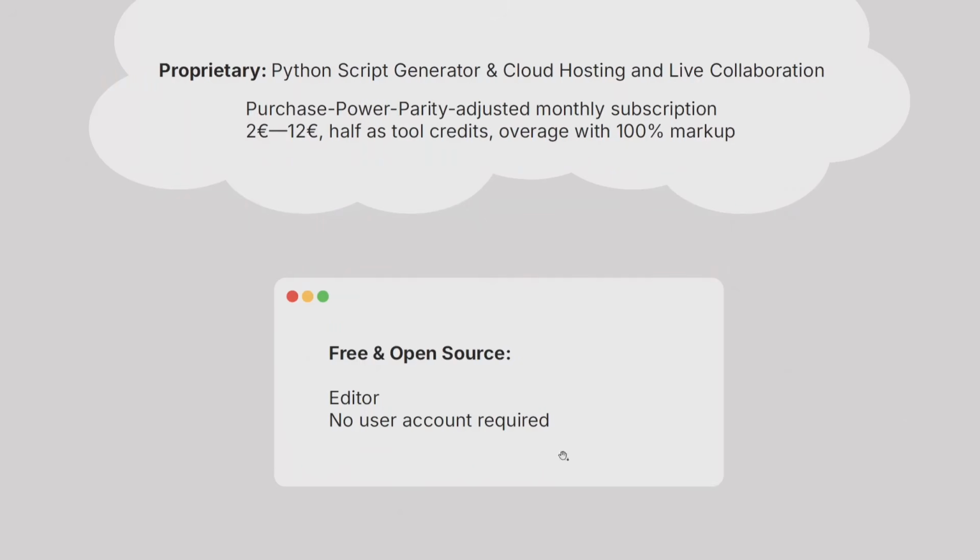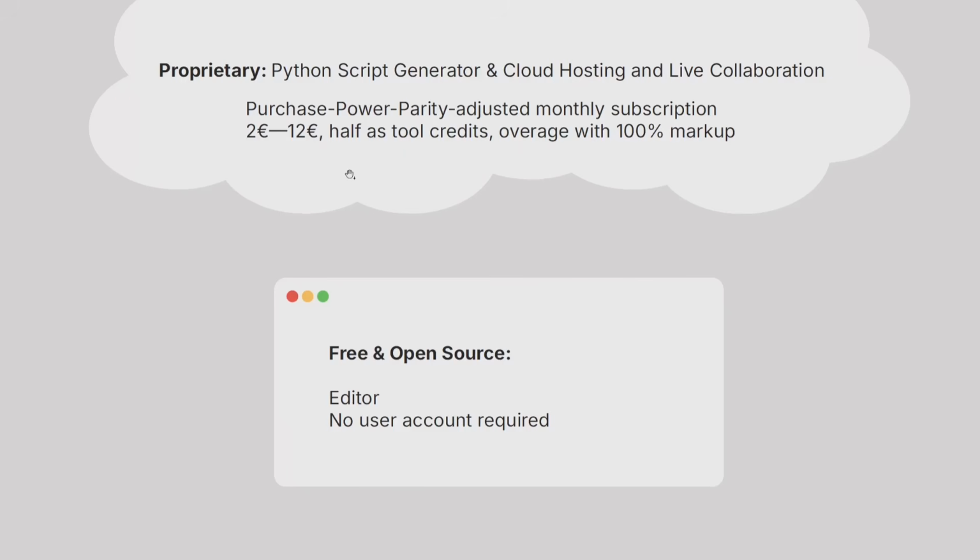So the app itself is free and open source, free to use without a user account forever, but there's a proprietary component, and currently I envision this becoming a commercial company that generates its own income with a Python script generator. I'll touch on that in a second.